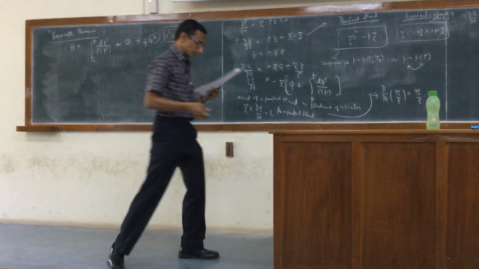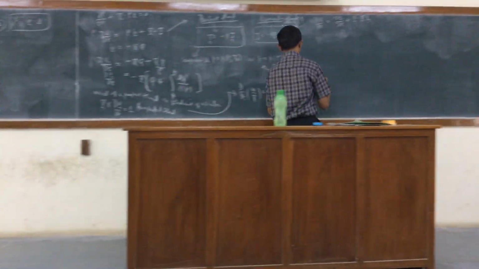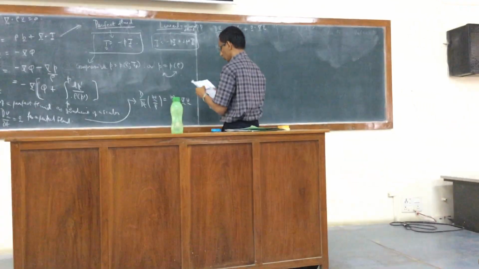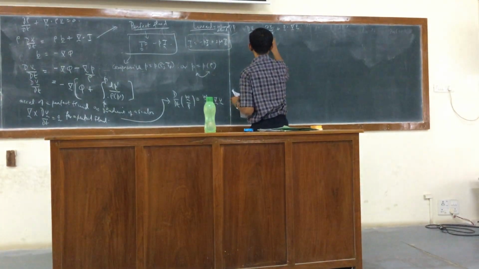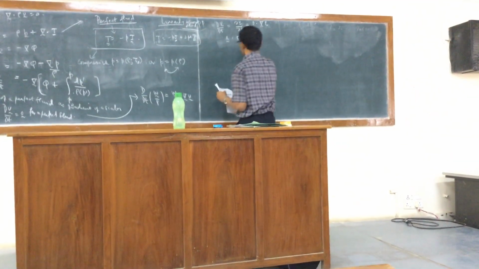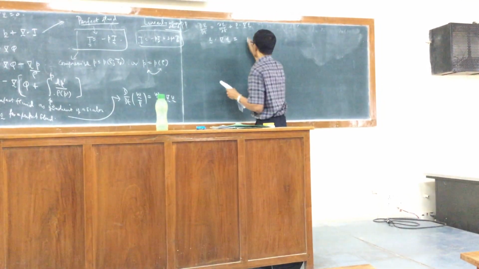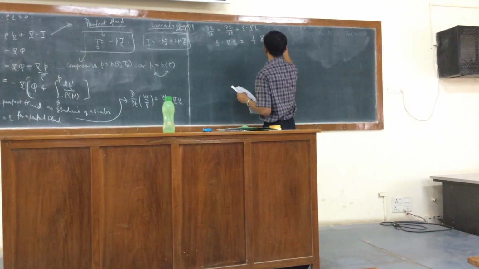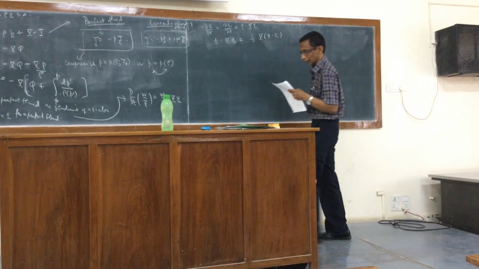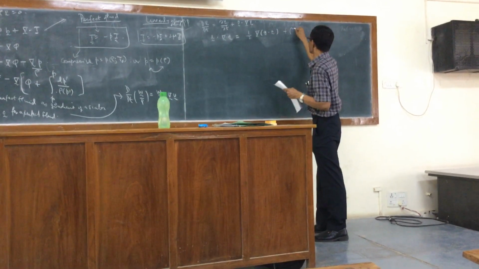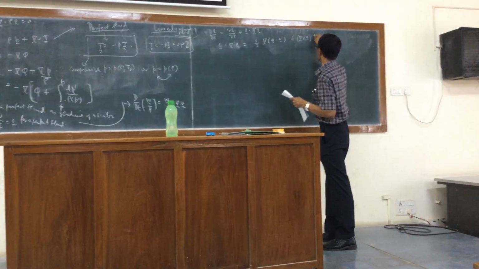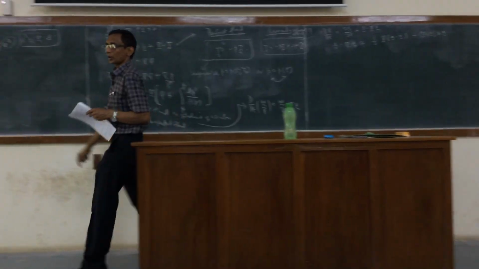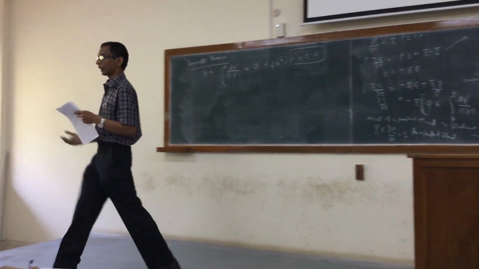And then I'm going to use this important vector identity that we have probably proved before, namely A dotted with the gradient of A, where A is any vector, is given by half times the gradient of A dotted with A plus the curl of A cross A. I'm writing it for A because I don't want you to be confused. I'm going to use it with A equal to V.